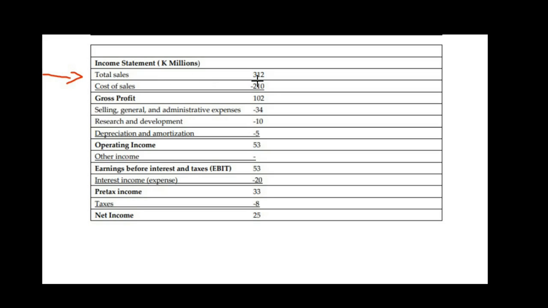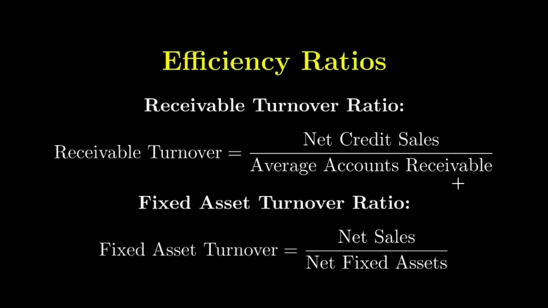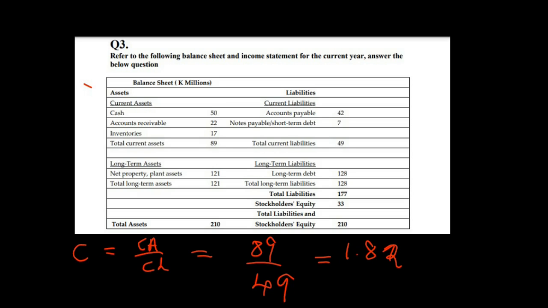What we want here is the total sales, which is 312. For net sales and total sales, basically it's one and the same thing in this case. So 312 is the total sales according to our income statement, or profit and loss statement.